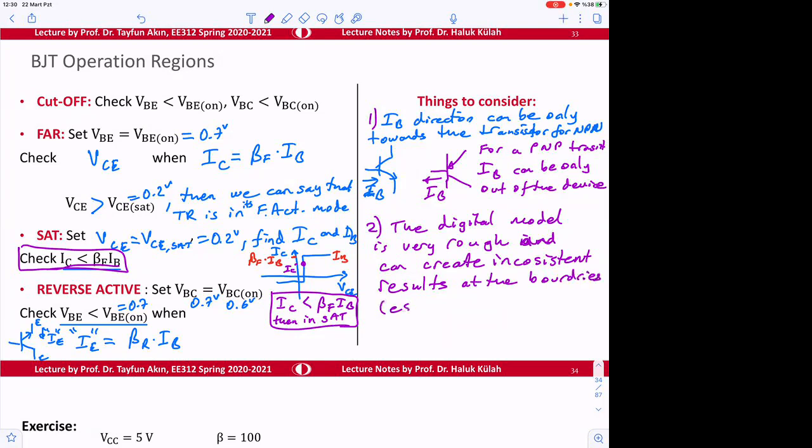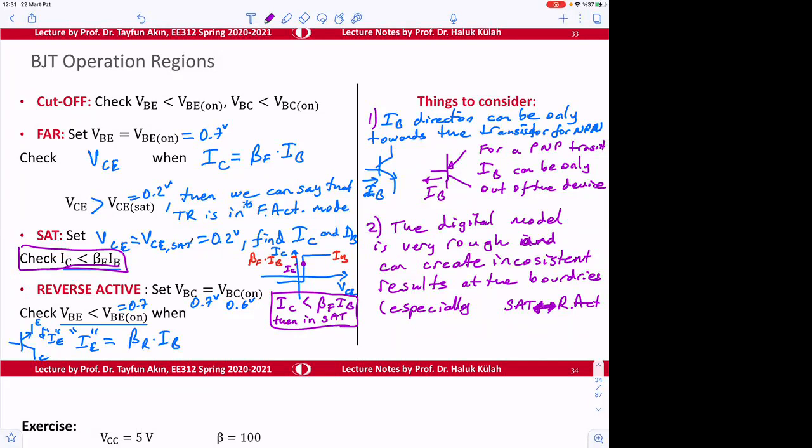Okay, especially when you go from SAT to reverse SAT or vice versa. Okay, in these directions there might be some problems.